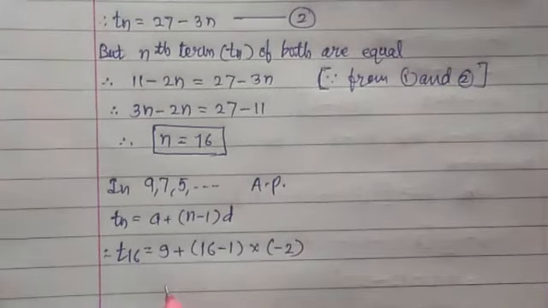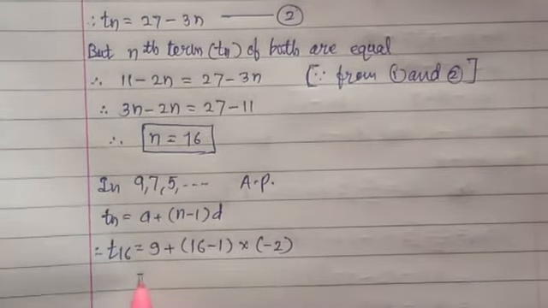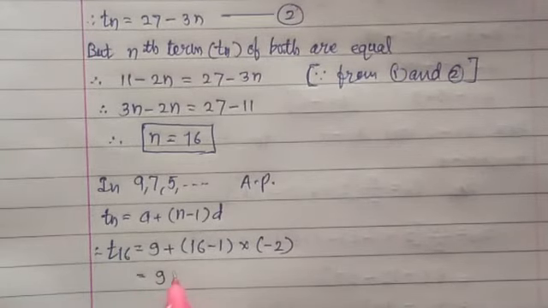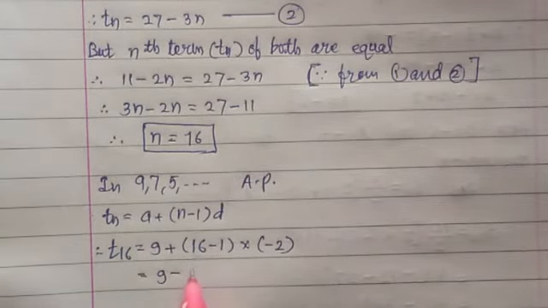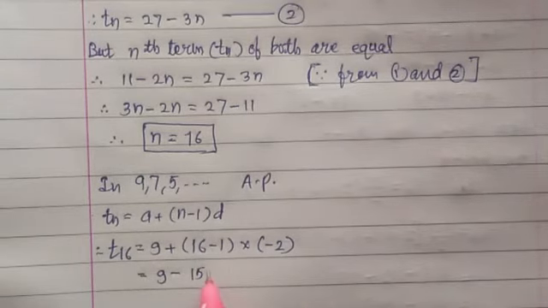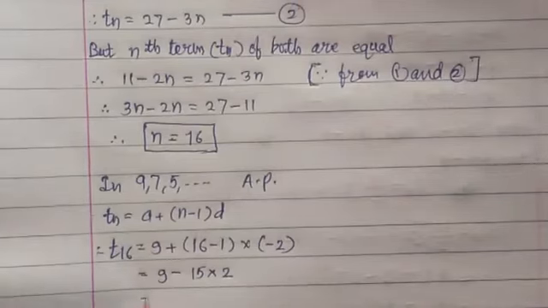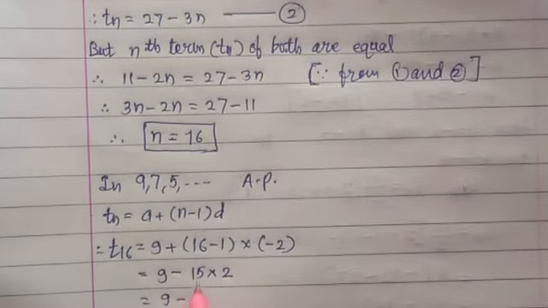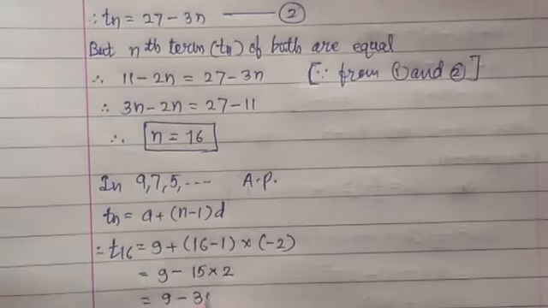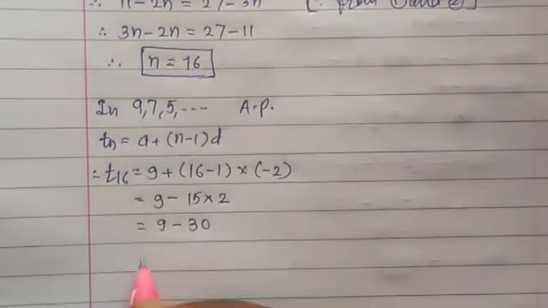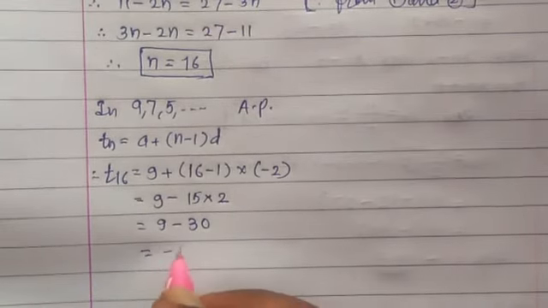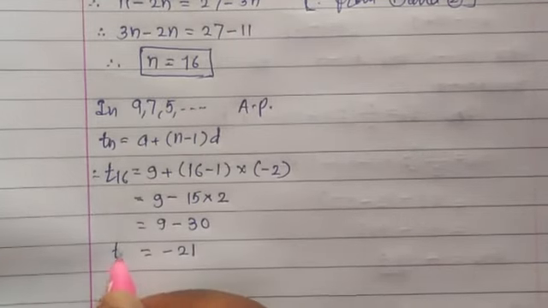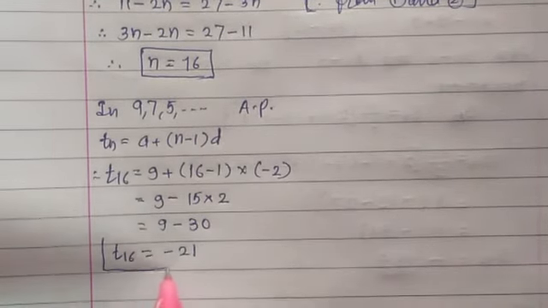Now on solving we get, which is equal to 9, then plus into minus means minus, 16 minus 1 means 15, then into 2, which is equal to 9, then minus 15 twos are 30, which is equal to 9 minus 30 means minus 21, means T16 is equal to minus 21.